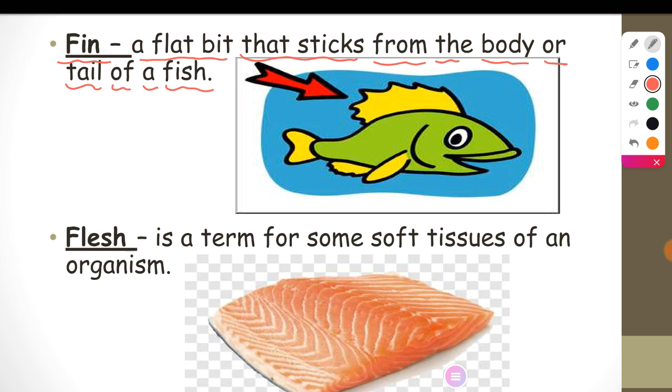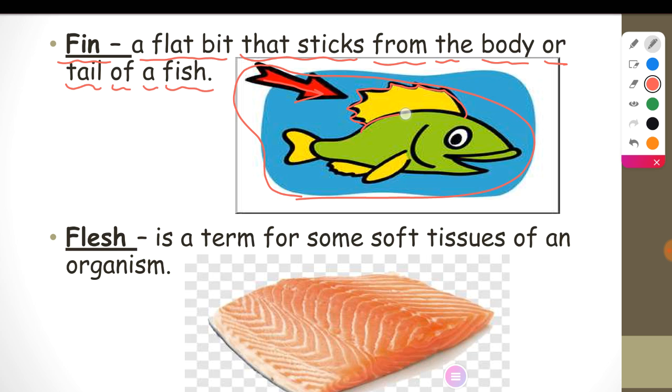Okay, you're done reading? So we have here in this picture, what is in the picture? This is a fish. And it shows this arrow pointing to the part of the fish which is called fin.